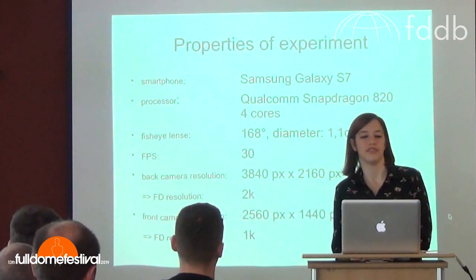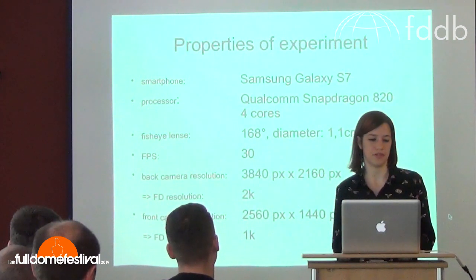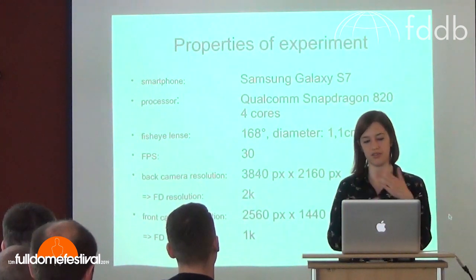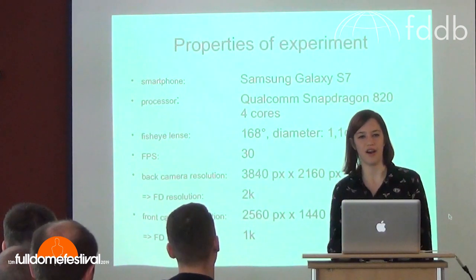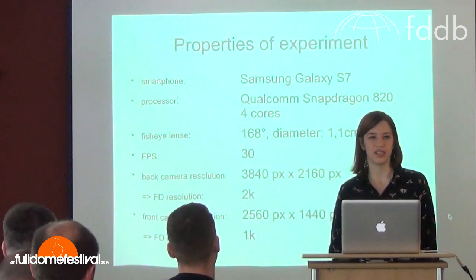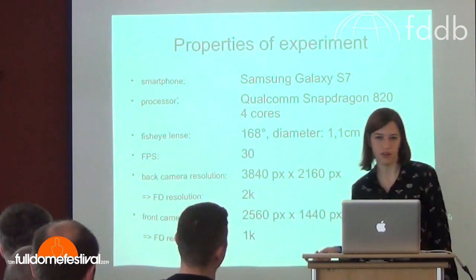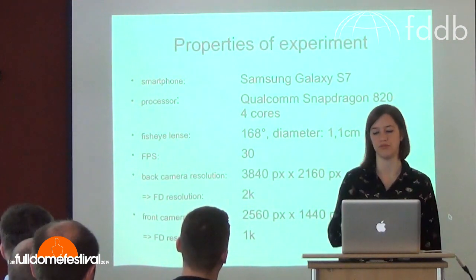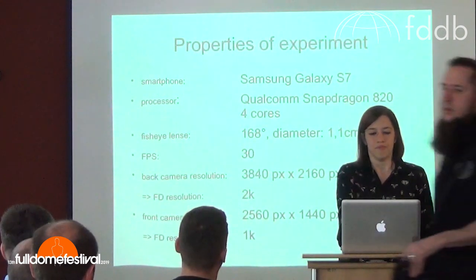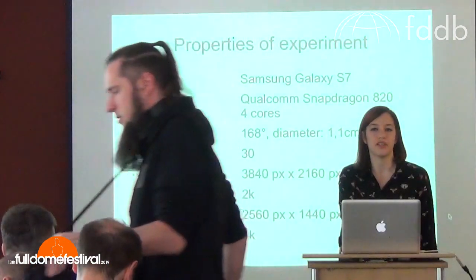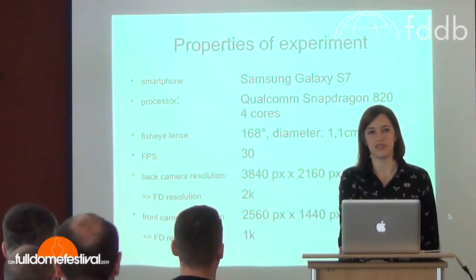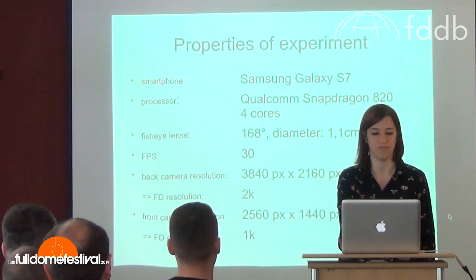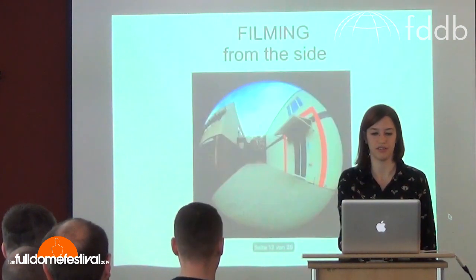So in the experiment we went further with a Fulldome resolution of 1K, because the front camera, with which you can take selfies, was sufficient for 1K, and in the inflatable Fulldome which we have at the Hochschule Darmstadt, 1K is enough for watching movies. But of course it's also possible to record in the highest resolution possible on your phone if you have a fitting lens, and then you can simply use that.